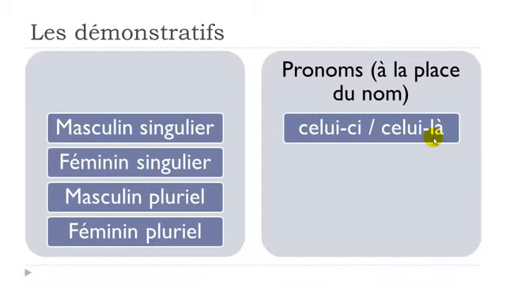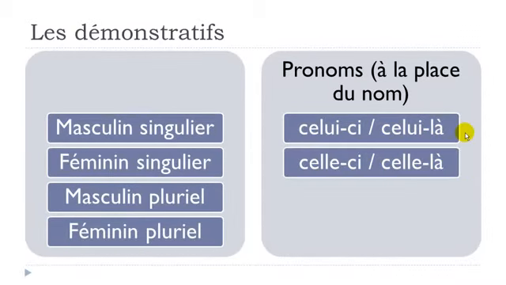So you don't want to repeat the name or the thing that was previously stated, so you use this one. In English it's easier, in French it's a bit more tricky, because we have this celui, and then ci and là. Normally ci comes first and then là comes next, celui-ci, celui-là, this one.